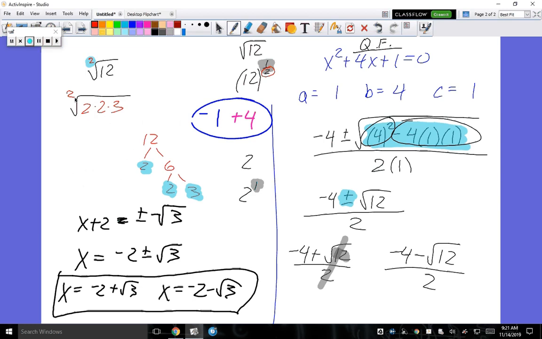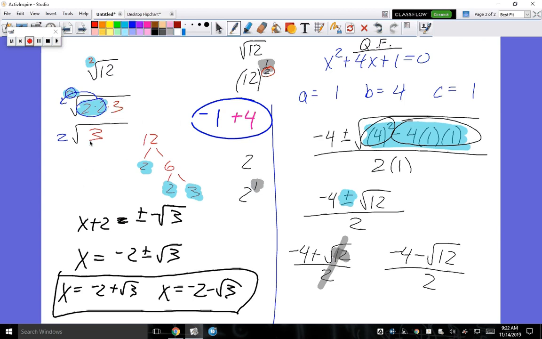And this 2 means that you're going to bring it in parties of 2. So these couple of 2's are going to come out, because of that, as just 1, 2. And the 3 is left in there.